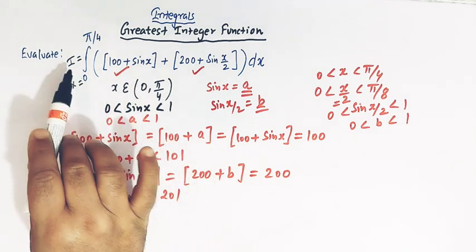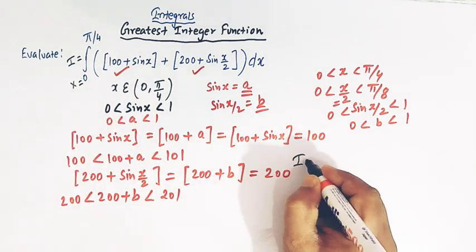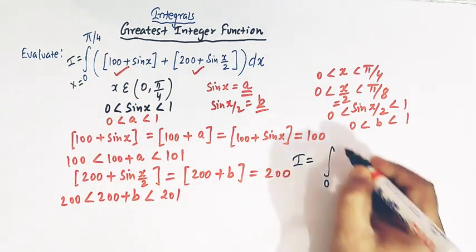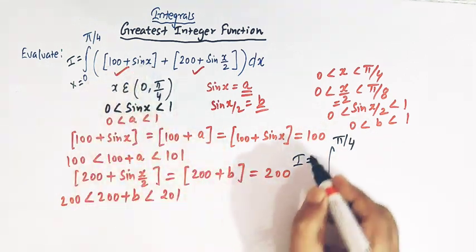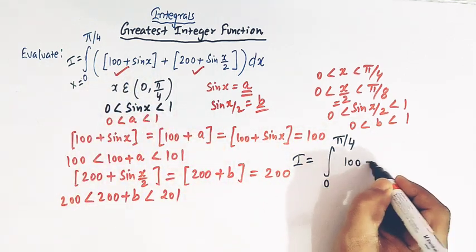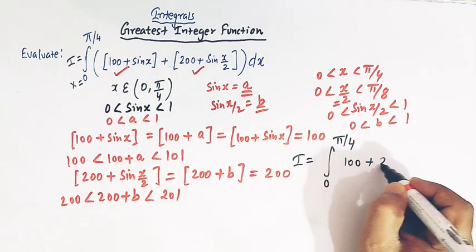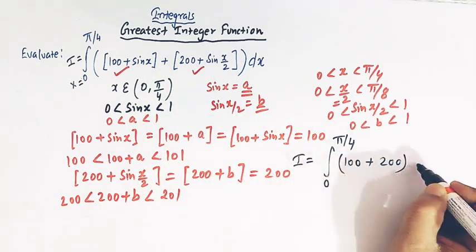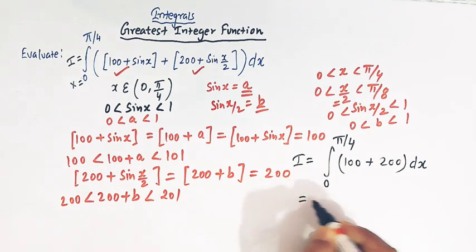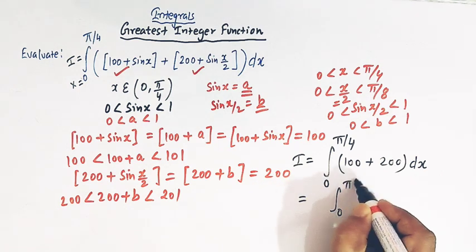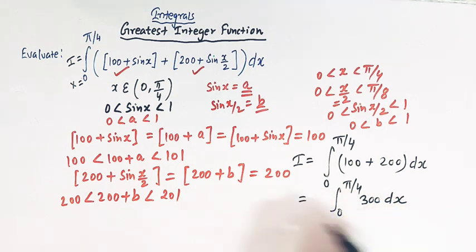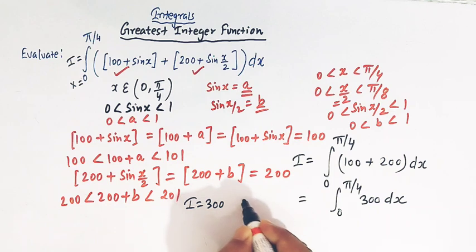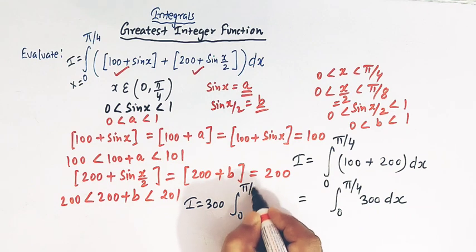Now we can write this integral I as the integral from 0 to pi by 4, and for the first term we have 100 and for the second term we have 200, dx. So this is the integral from 0 to pi by 4 of 300 dx, and we can take 300 outside the integral. Then I is equal to 300 times the integral of dx, which is x, from 0 to pi by 4.